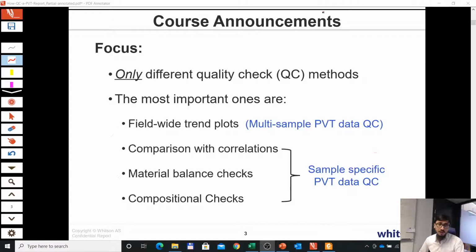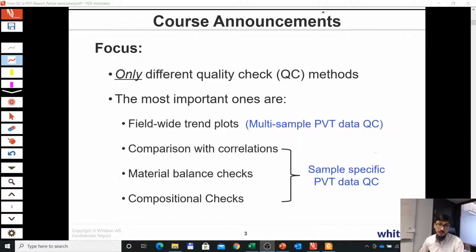And that's something we don't discuss in detail in other courses, for example, like the advanced PVT course. So this course is only dedicated to give you an opportunity to learn the different methods and apply them using the PVT reports that we will be using in this course.